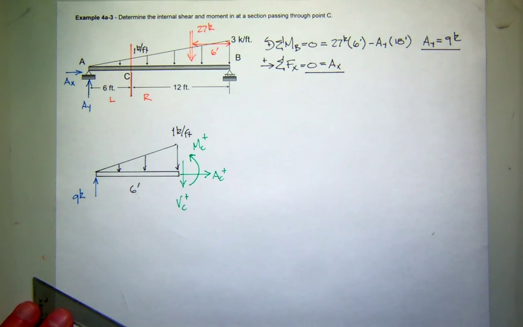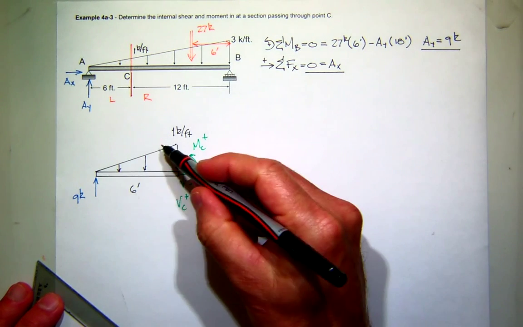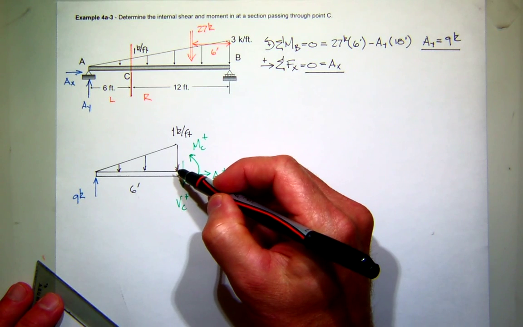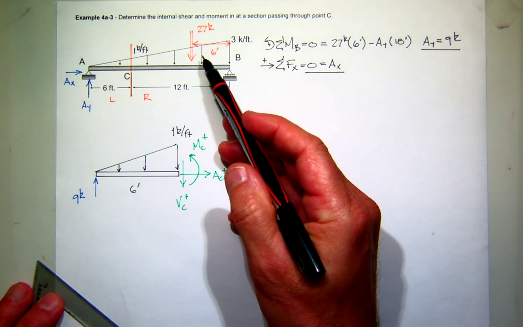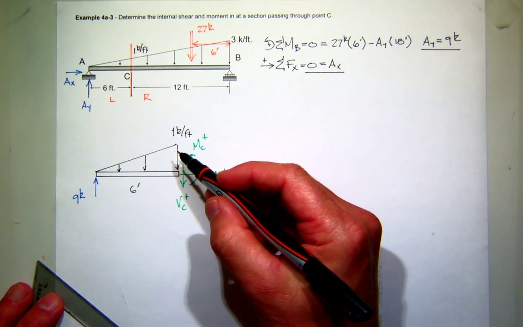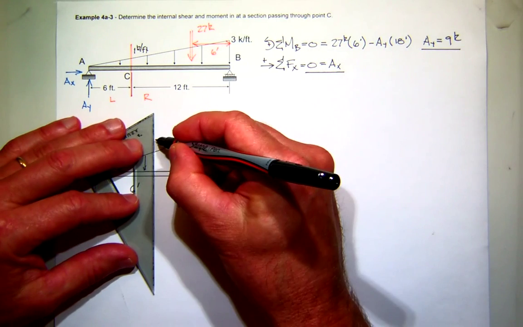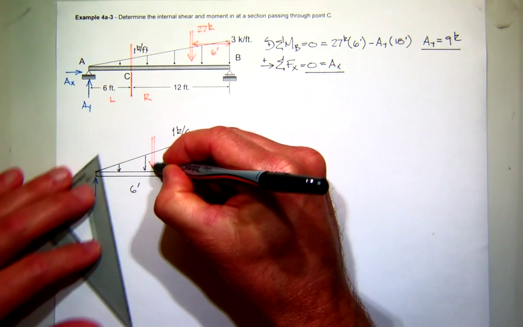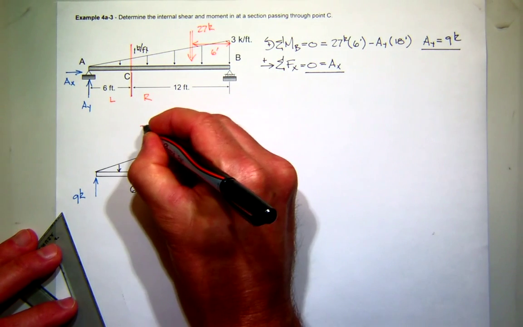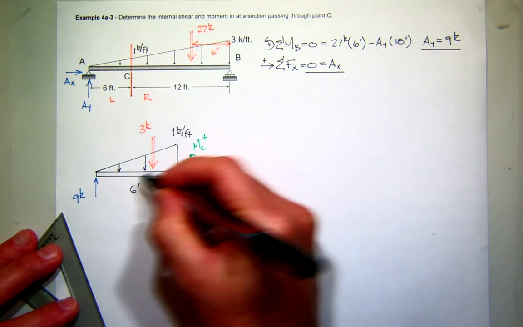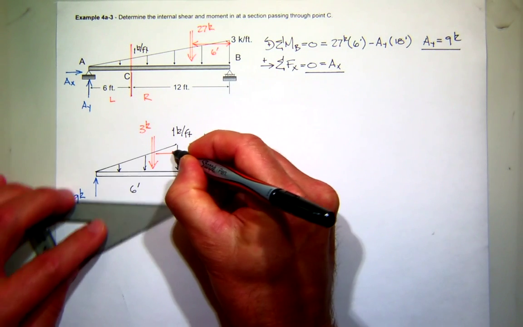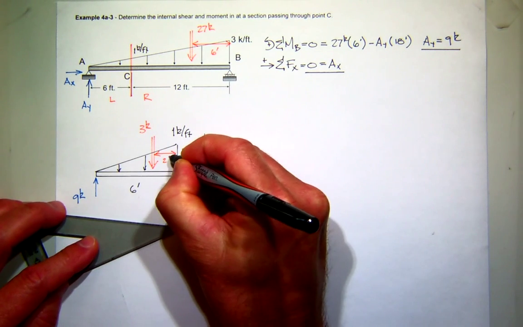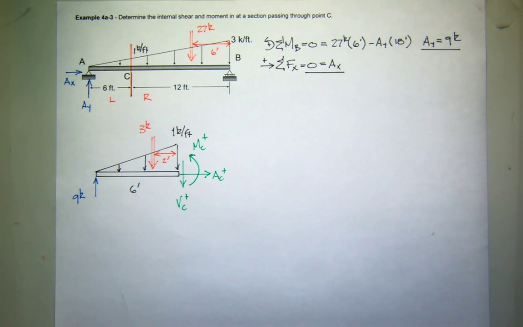So with that information, I can now find the concentrated equivalent force of this load. Just like up here, it's a triangle, so 1/2 base times height will give me a value of 3. And the distance is 1/3 from the cut, and that will be 2 feet. So there's my free body diagram.